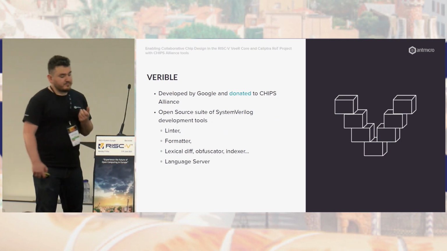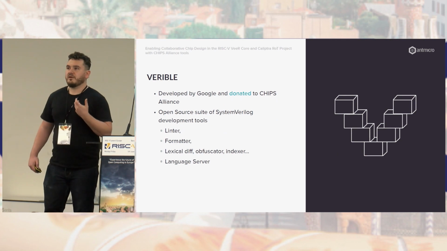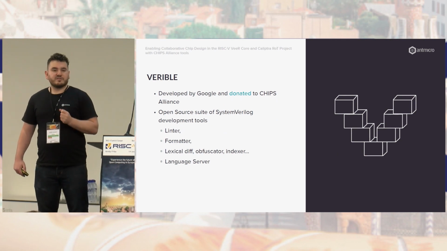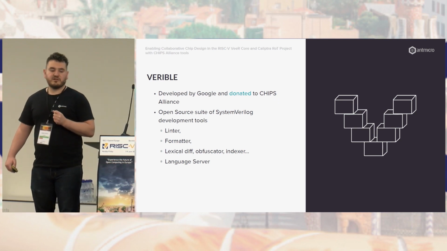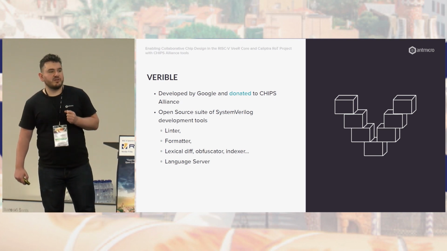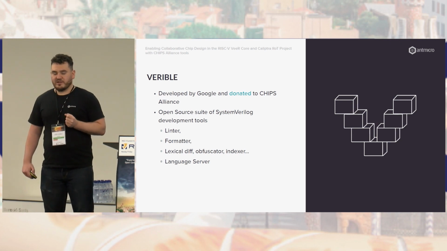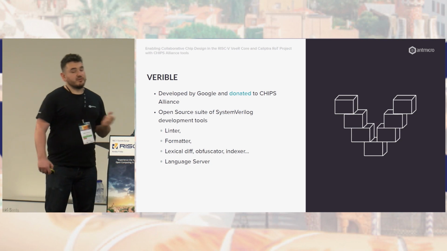Yeah. So when it comes to development tooling, we heavily depend on Verible. Verible is a project originally developed by Google, then open sourced and donated to Chips Alliance. It's not a single tool, it's rather a suite of System Verilog tools that provide various functionalities like linting, formatting, indexing, and language server.